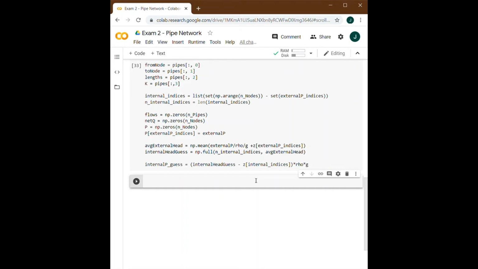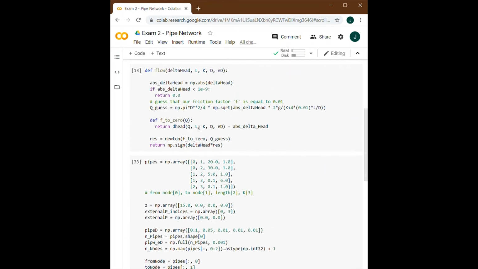So, what we're going to do is create another function. We're going to call it q to 0 and do something very similar to what we did in our other function that we called f to 0.